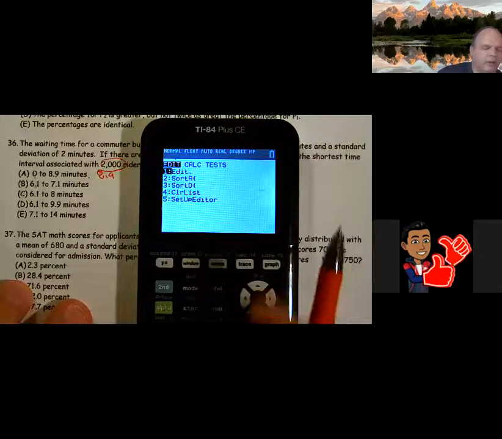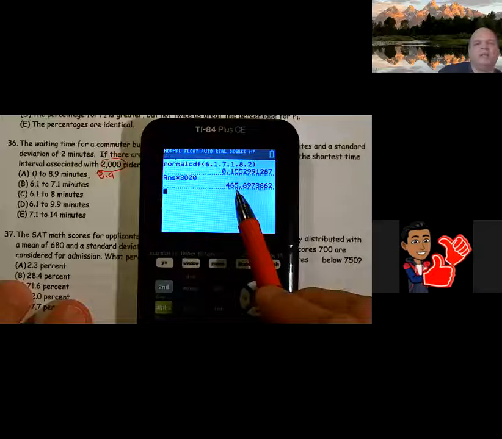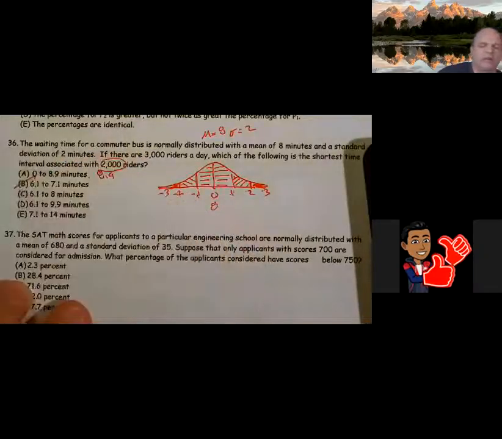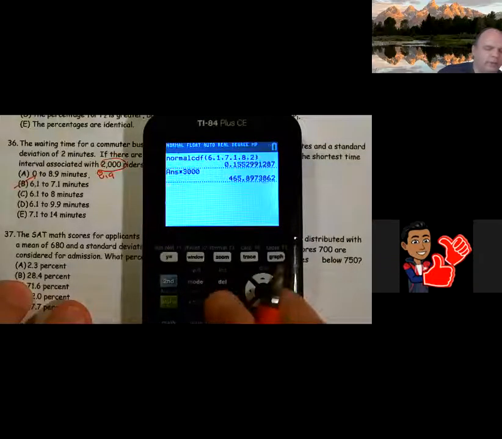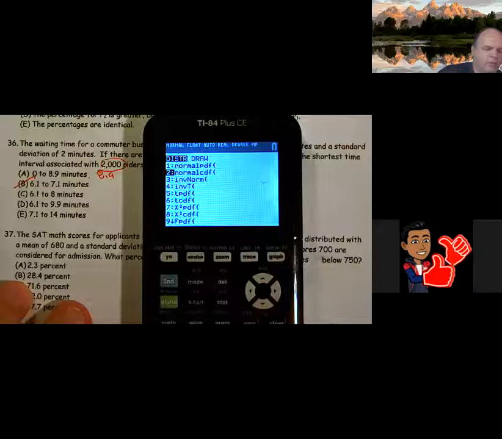2nd Vars, normalcdf, lower bound 6.1, upper bound 7.1, times 3,000. It did not meet the 2,000, so we know this one's wrong because it's not close to 2,000. I go to the next one. 2nd Vars, normalcdf.